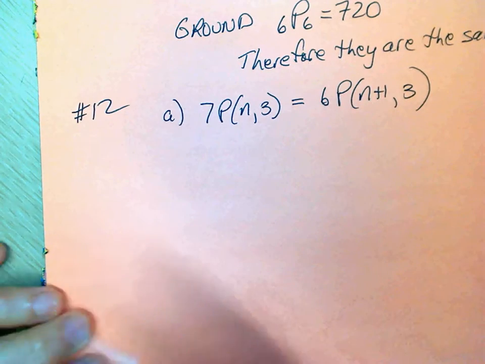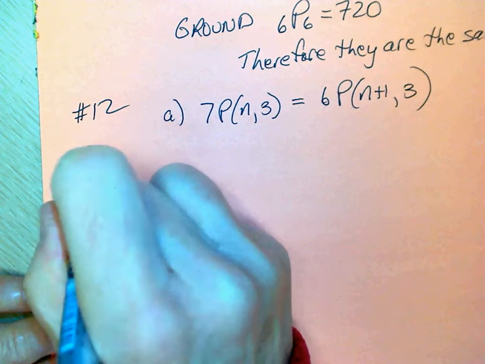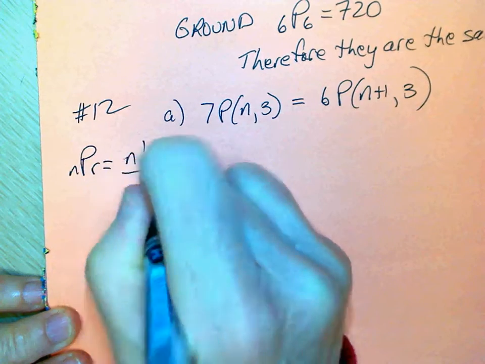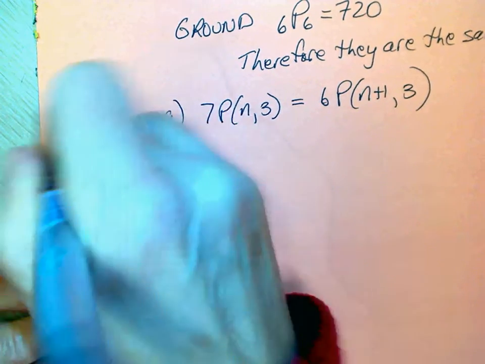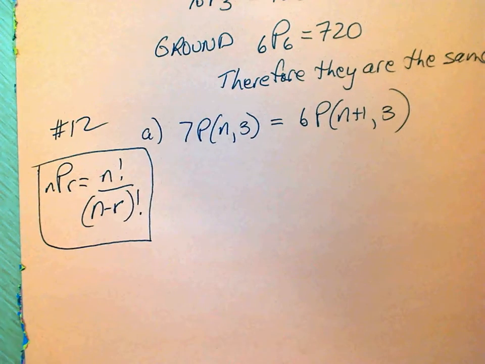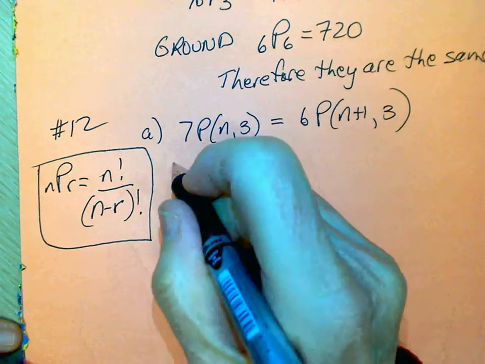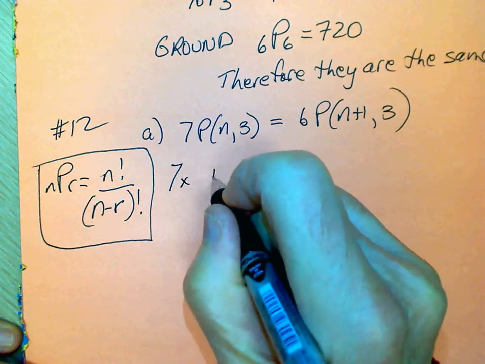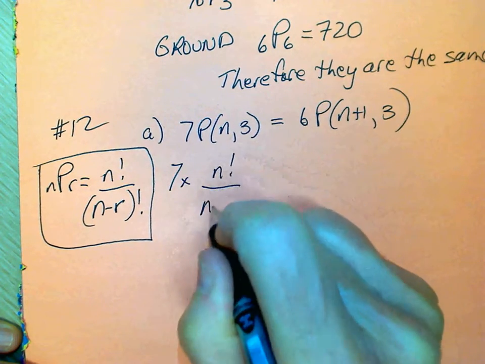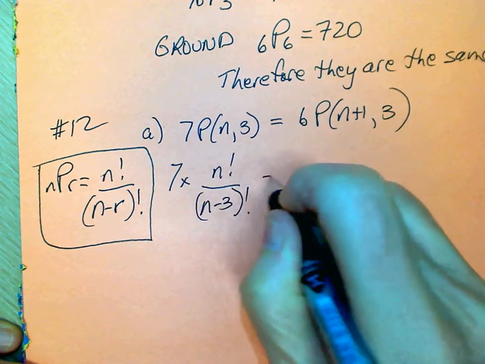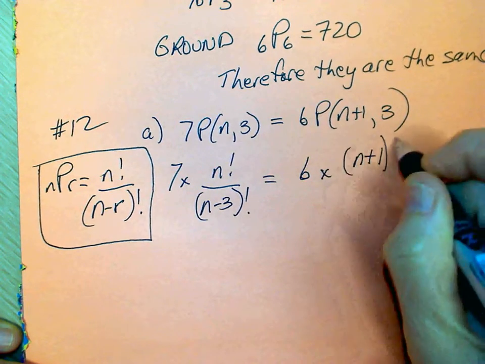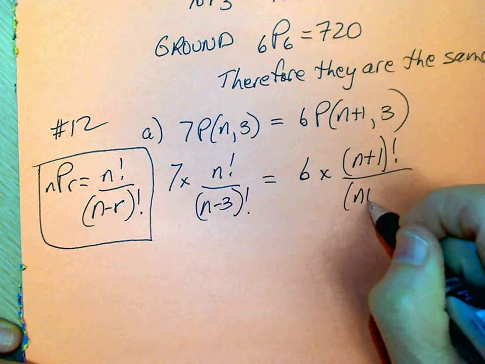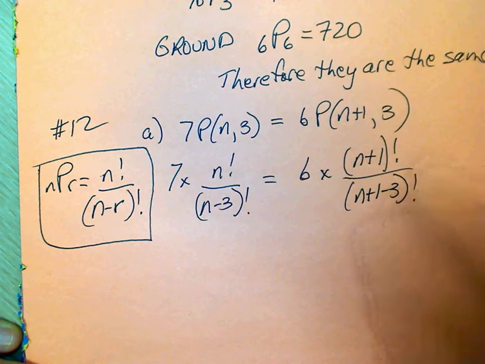If you recall, the formula is nPr equals n factorial over (n minus r) factorial. So we have 7 times n factorial over (n minus 3) factorial equals 6 times (n plus 1) factorial over (n plus 1 minus 3) factorial.